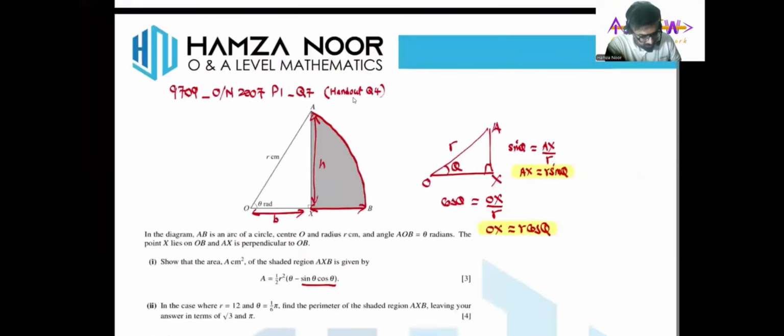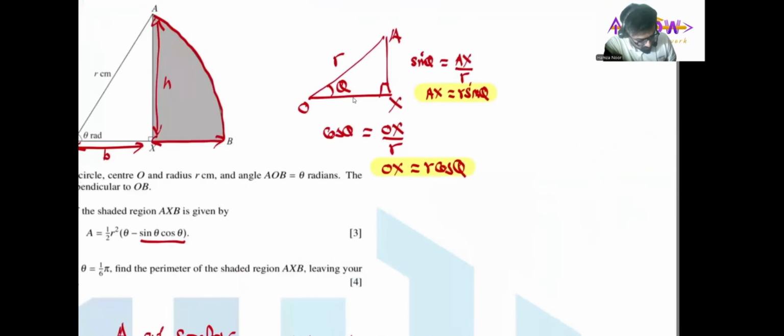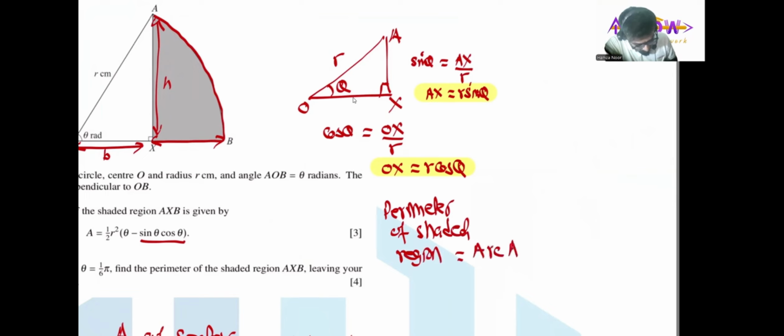So I can say that in order to find the perimeter of the shaded region, we have a formula: perimeter of shaded region will be equal to arc length AB plus XB length plus AX length.